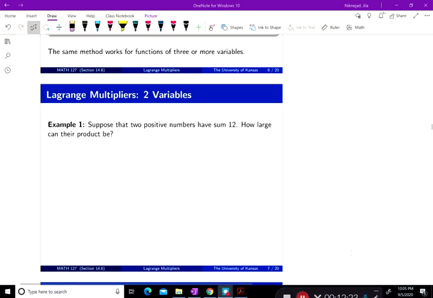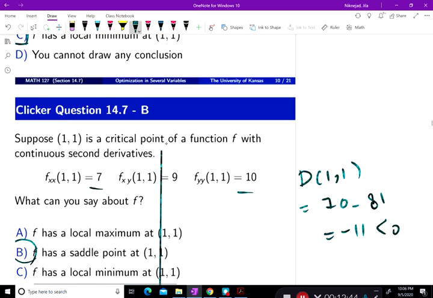So an example. Example 1, and this is for Lagrange multipliers of 2 variables. Suppose that 2 positive numbers have sum 12. How large can their product be? So we're saying that 2 positive numbers, and this seems like a constraint to me.